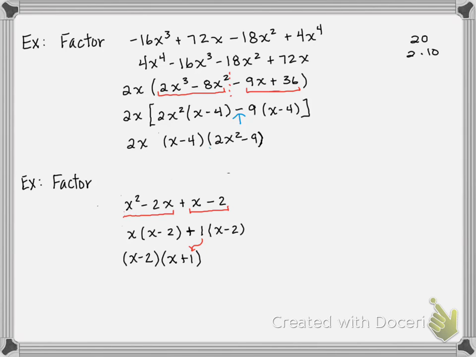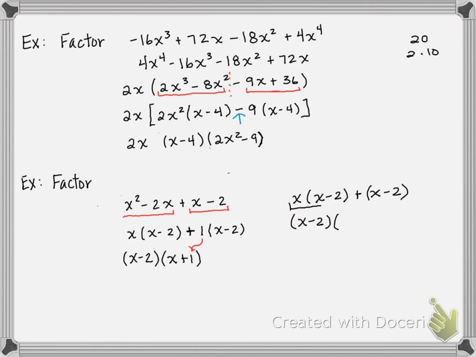I could have just said this is x times x minus 2 plus x minus 2, right? That would be true. However, when we go on to the second step, it's difficult to see that I have that common factor of x minus 2 because it's not in parentheses. I could instead just write it in parentheses, right?